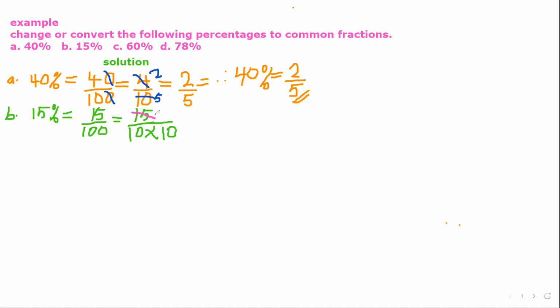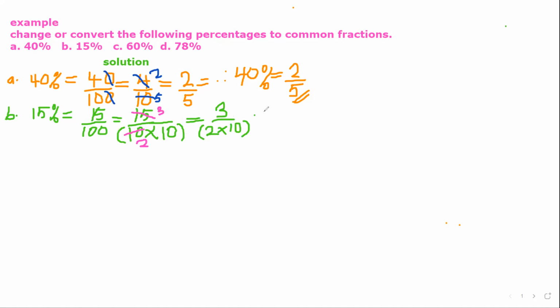And then 5 cancels any of the 10s two times here. Okay, good. Now the remaining numbers at the top is 3 over 2 times 10. Okay, put them in a bracket. When you simplify, you put them in a bracket.